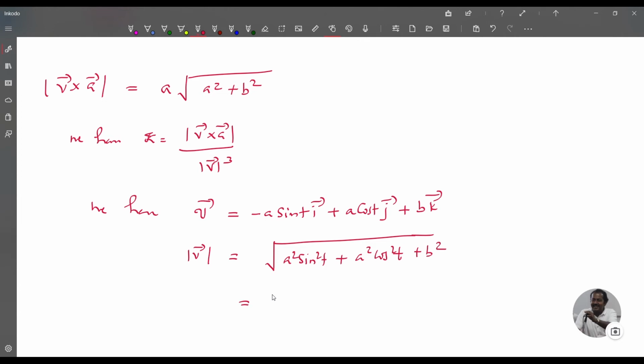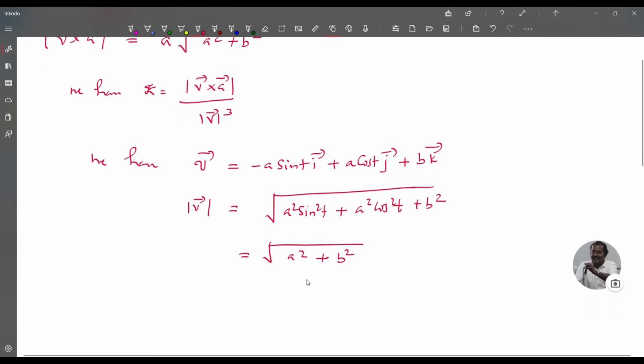So this is the square root of a square into sin square t plus cos square t, plus b square. So that is a square plus b square. Therefore, modulus of v whole cube is equal to a square plus b square whole raised to 3 by 2.